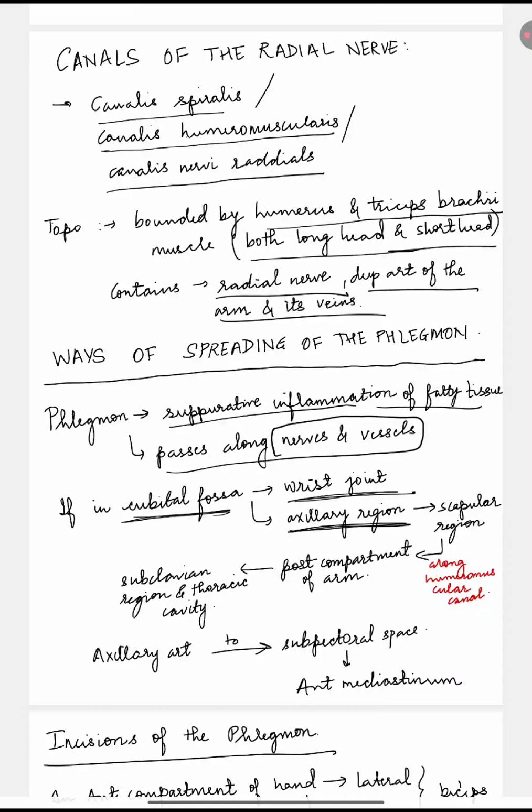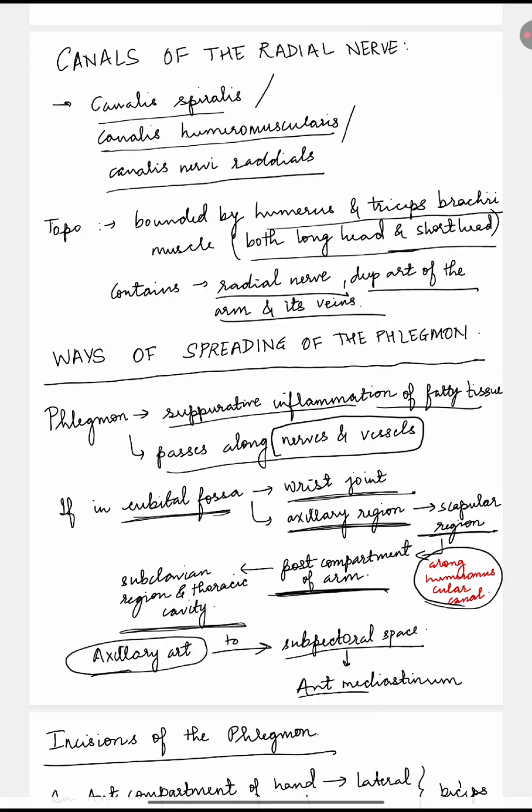From the axillary region, it may pass to the scapular region, along the humeromuscular canal to the posterior compartment of the arm, and then to the subclavian region and thoracic cavity. If the phlegmon is in the axilla, it passes to the subpectoral space and to the anterior mediastinum.